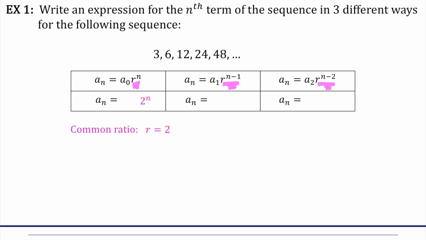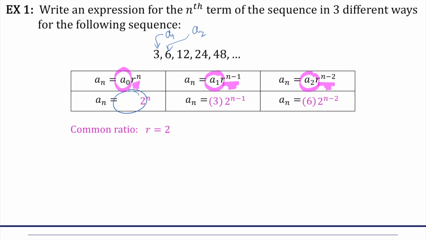Let's go ahead and plug in a 2 for each of those. Now we've got a sub 0, a sub 1, and a sub 2 that we have to fill in. Well, the first term we're given 3, that's a sub 1, so we can put that in. And then the second term we're given is a sub 2, so we can plug that in.